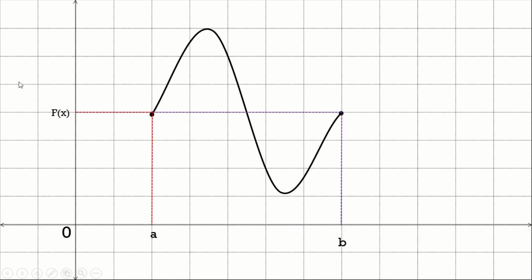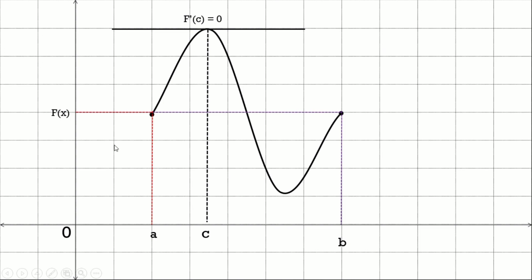So if f of a and f of b are the same value, then there exists a point c within the interval a comma b such that the tangent of f of x at c is actually equal to 0. We get this point here, the derivative of this function at this point is actually equal to 0.